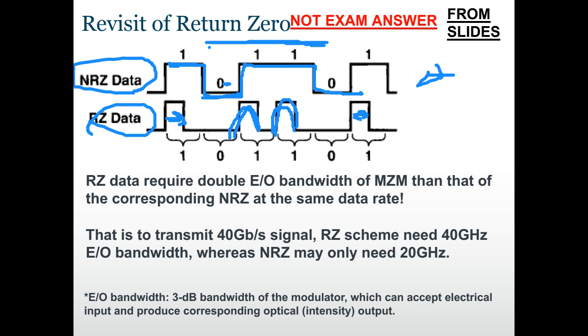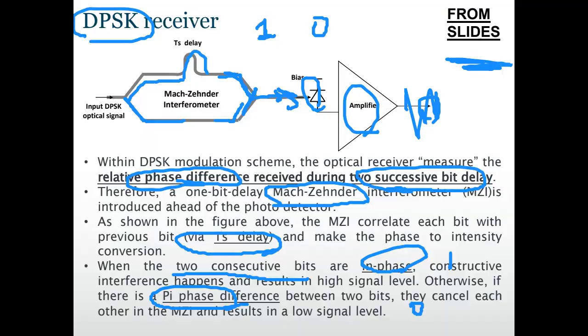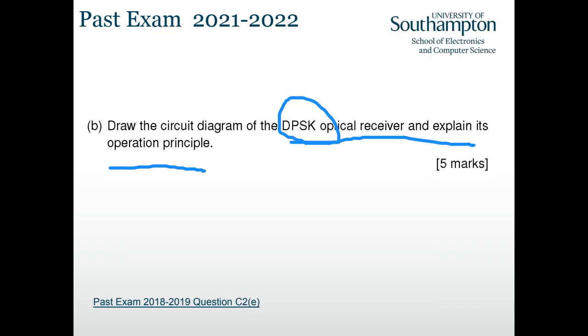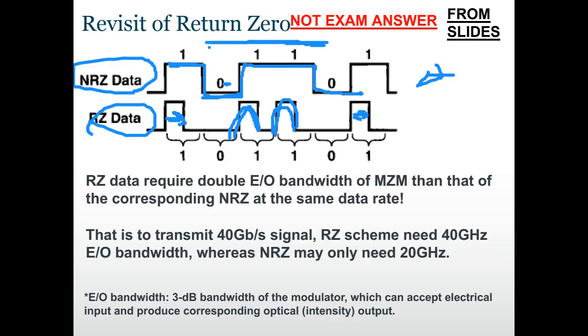So basically, let's come back here. If we want 40 gigabits per second data rate, then for non-return to zero, we only need 20 gigahertz bandwidth.